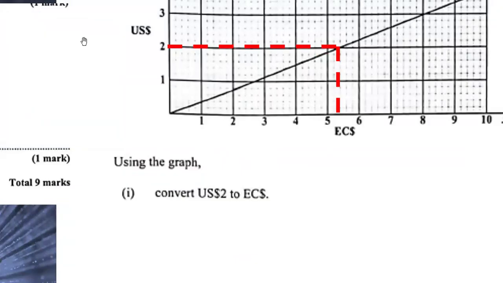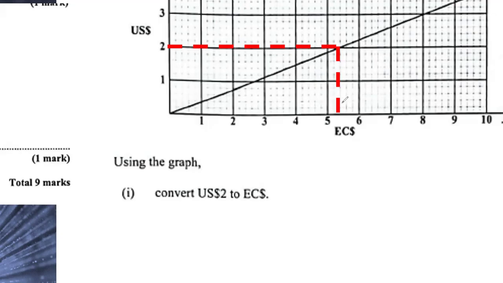What do you think? We know that from here to here is 1, and there are 5 equal divisions between 0 and 1. So 1 divided by 5 will give me 0.2. So each one is going to be 0.2. This is 5, 5.2. This looks like 5.4, right? 0.2 and another 0.2.